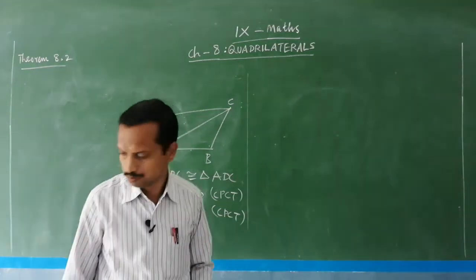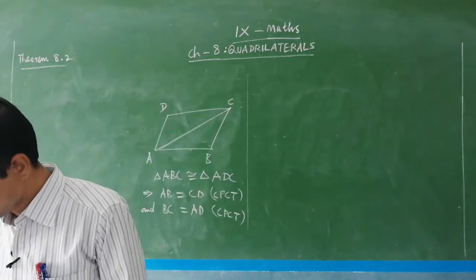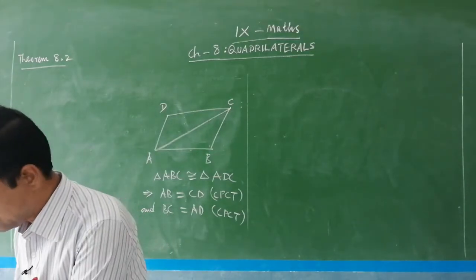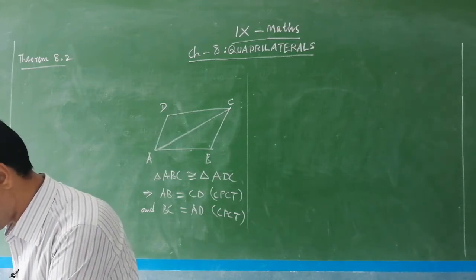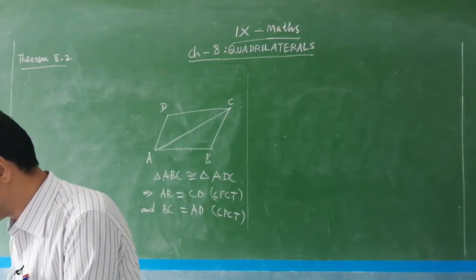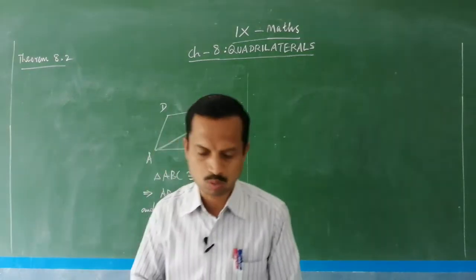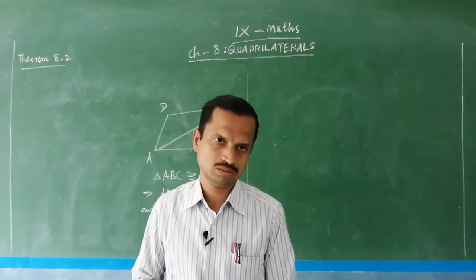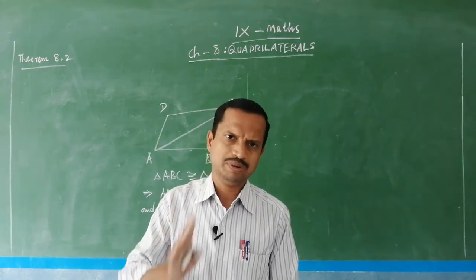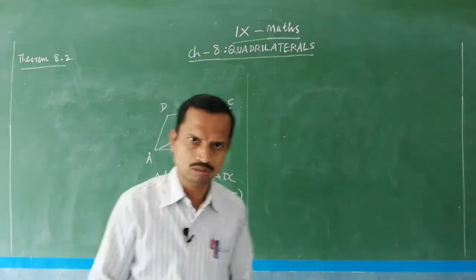Okay. So, now coming to the third one: if each pair of opposite sides of a quadrilateral is equal, then it is a parallelogram. So, that is the converse. So, converse means what? In a parallelogram opposite sides are equal, that is what we have proved.